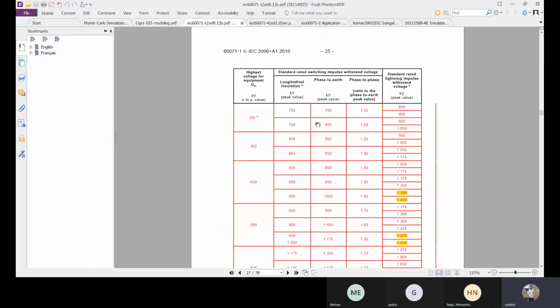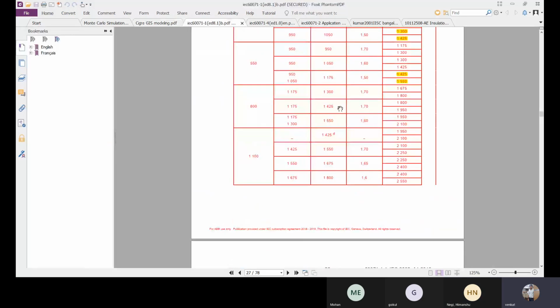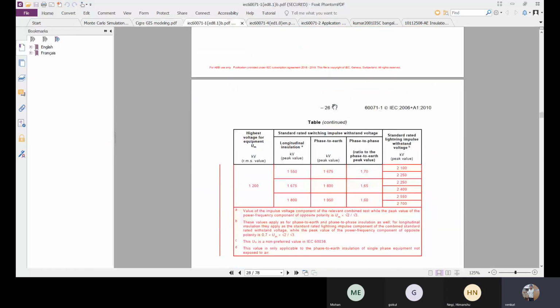But when we go above 300 kV, for example 1200 kV, there we can take 2700 as the lightning impulse withstand voltage for the voltage level of 1200.